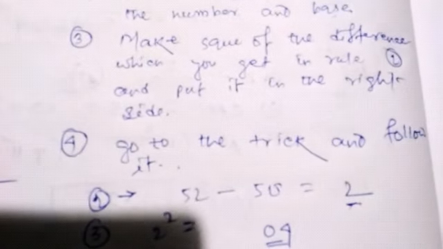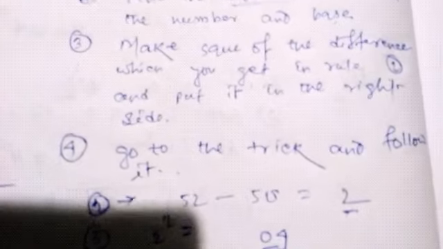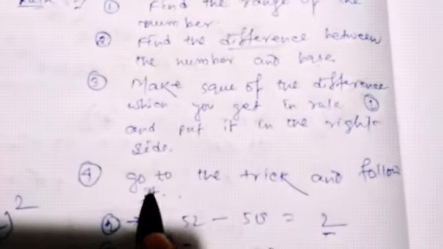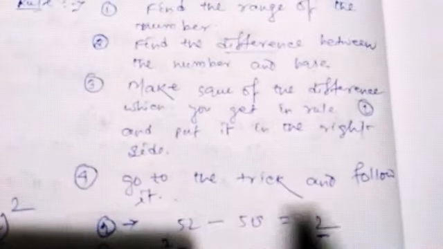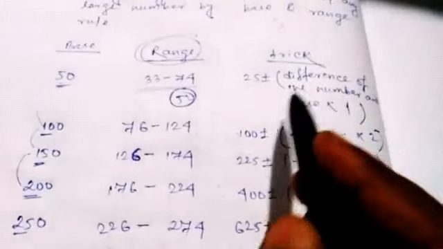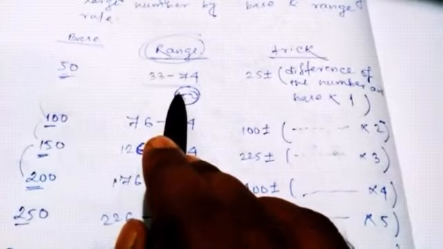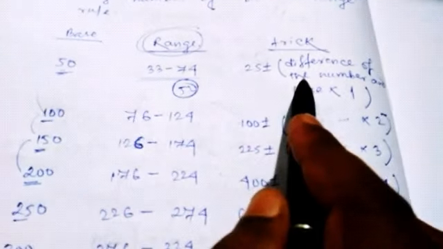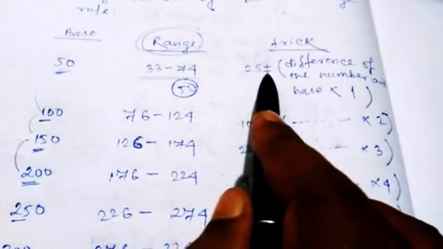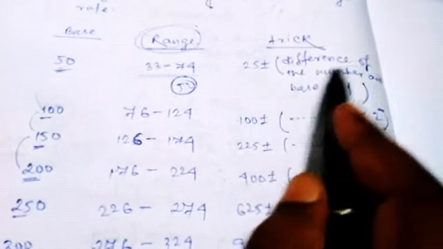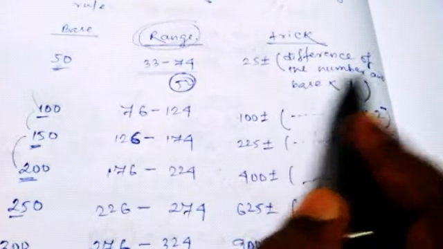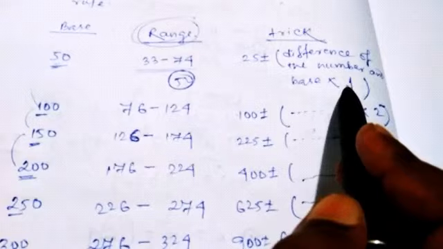And the fourth rule is to go to the trick and follow it. So if you go to the trick in the range 33 to 74, the trick is 25 plus minus the difference of the number and base into 1.